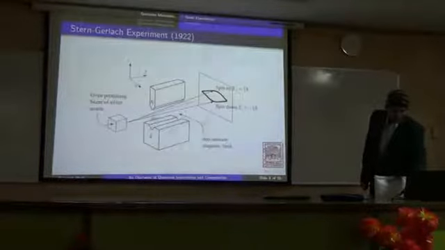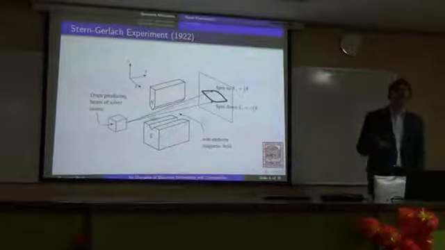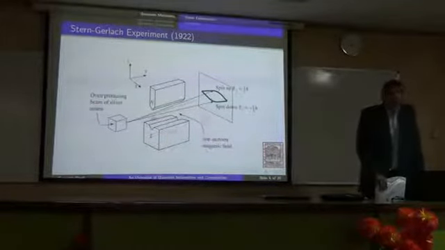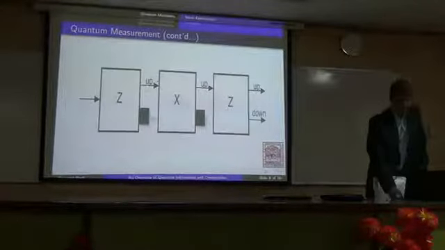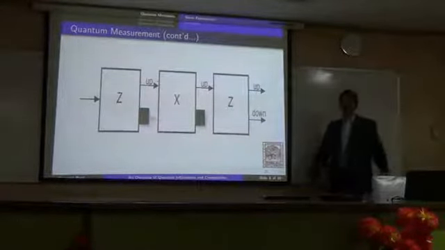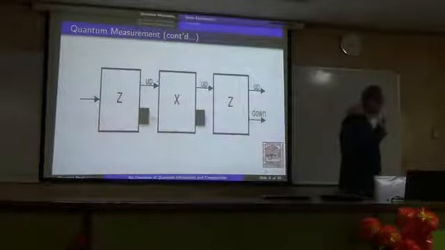So I discussed 2 experiments, and there are many more which actually show this peculiarity of the quantum world. So next the question comes that how we can study such quantum system, such behavior.